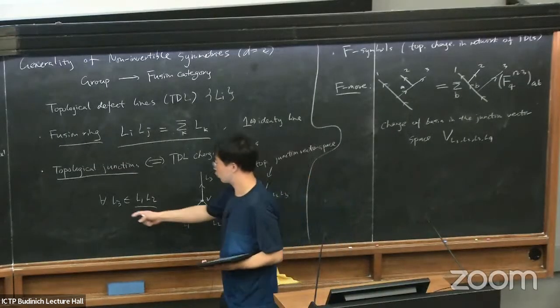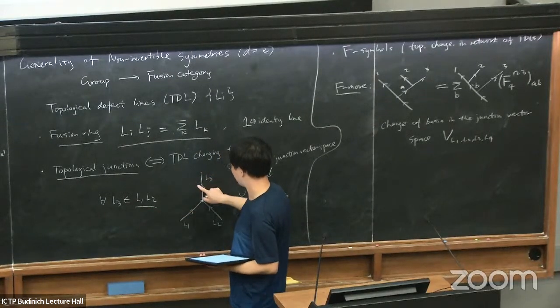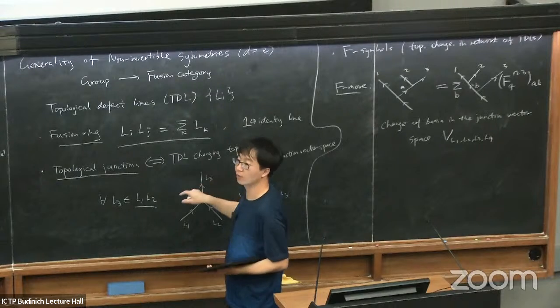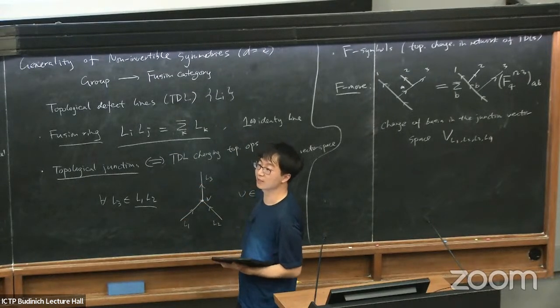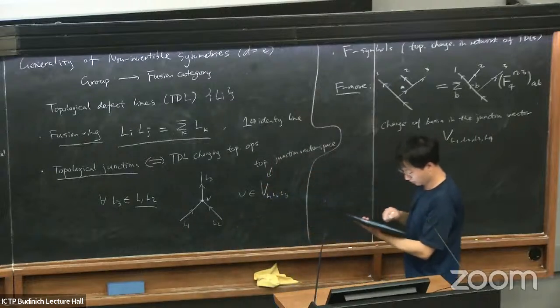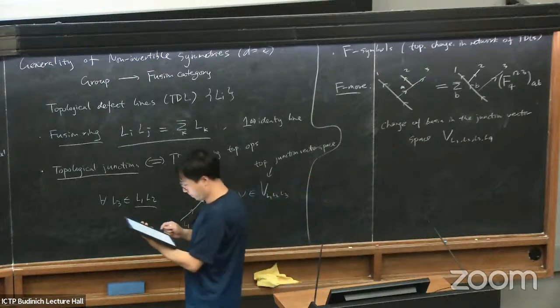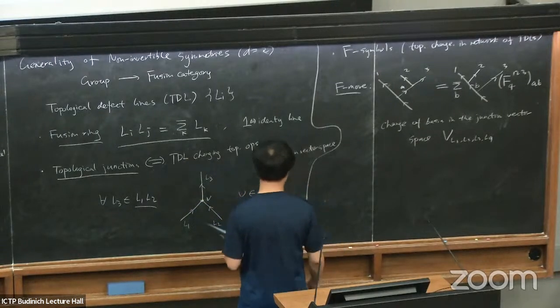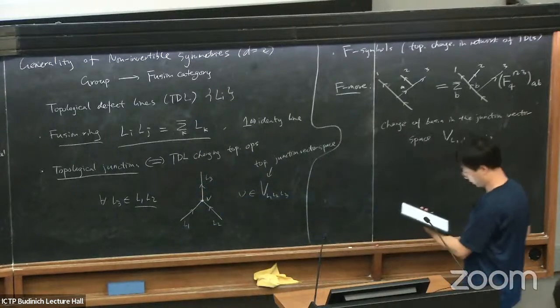So it's just because I want to make sense of this notation. So I can draw ingoing, and then it will be the L3 bar. I'll come back to that. Yeah. You will define what you mean by bar. Yes, okay. Thanks for the question.